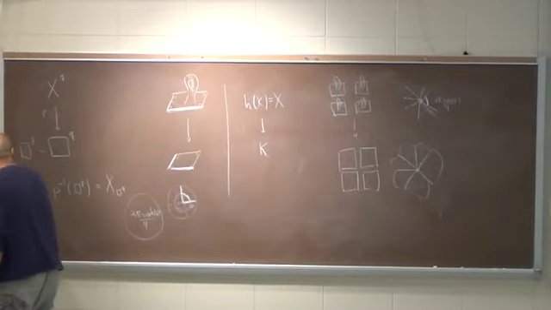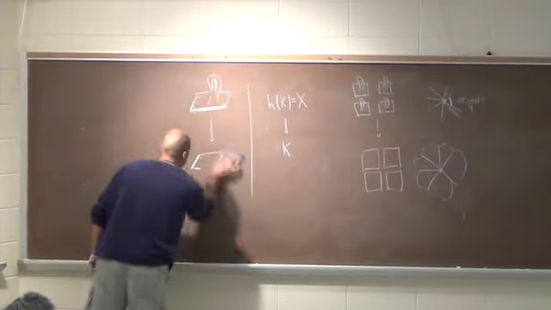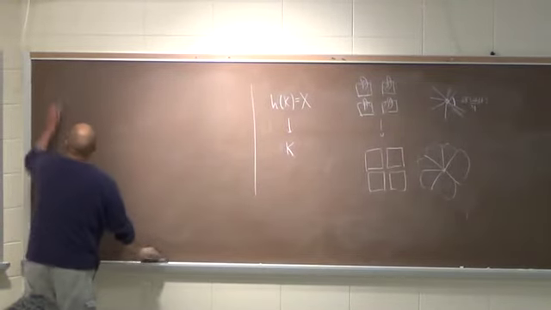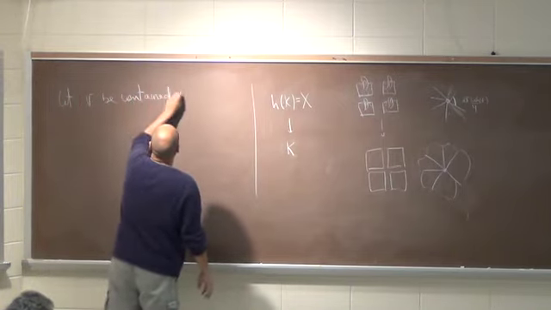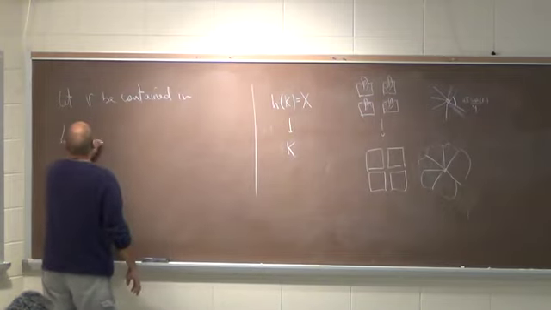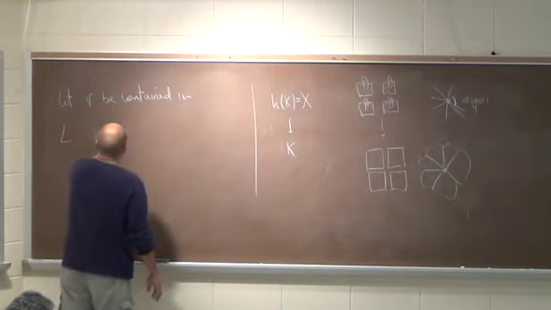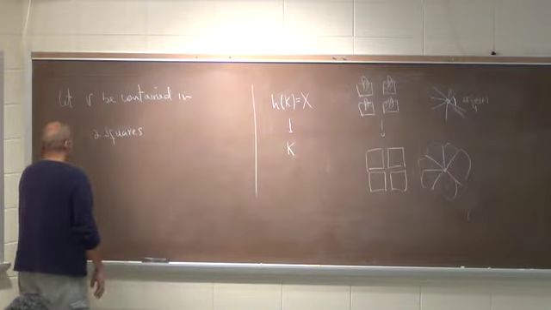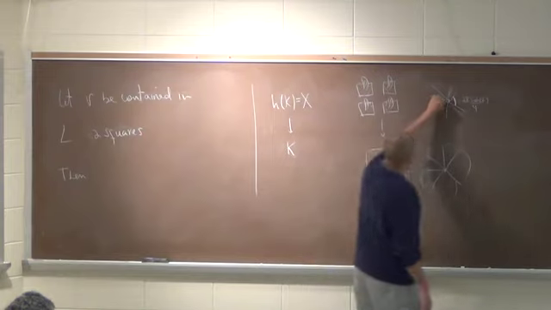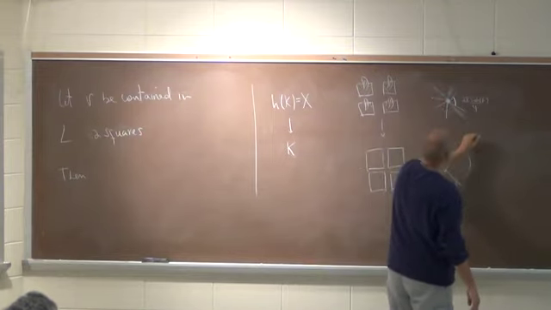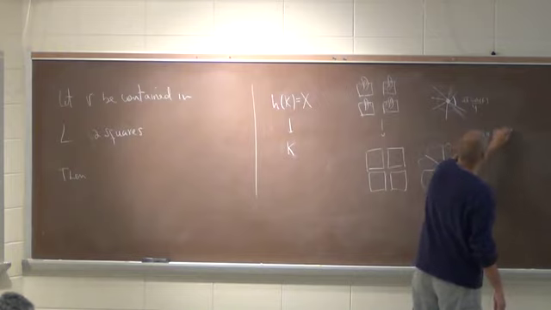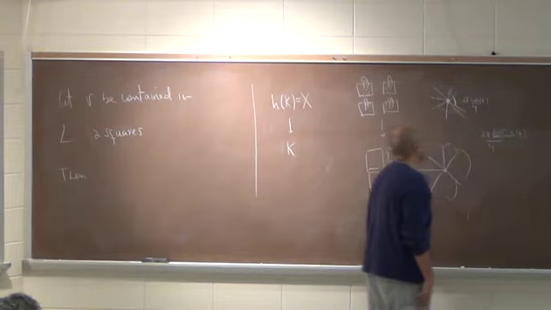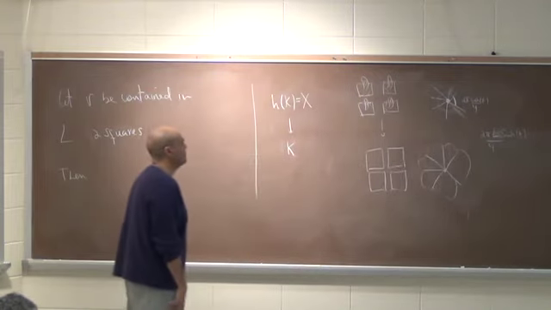So let V be contained in L squares. Then the metric near here, because the length of this thing here is going to be 2 pi L sinh t over 4, right?